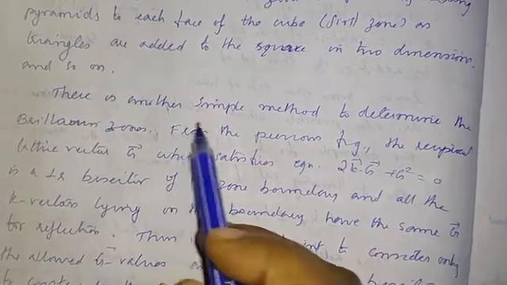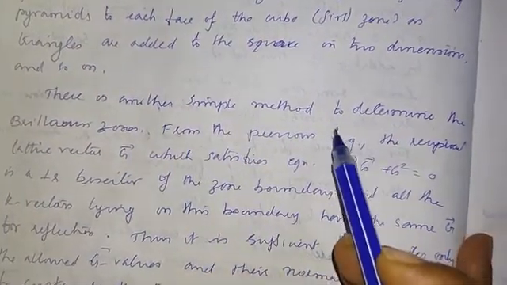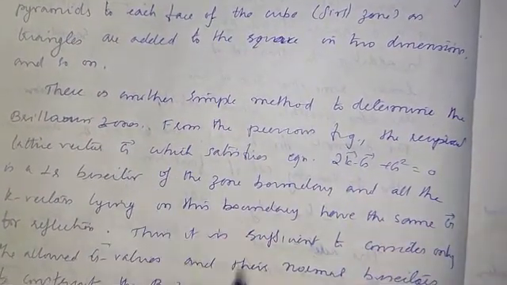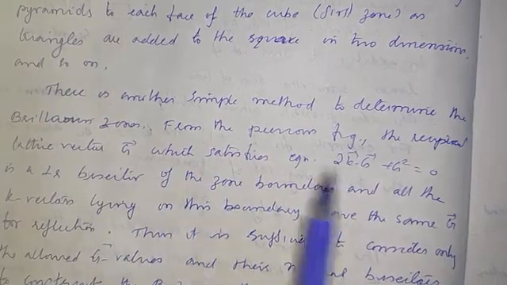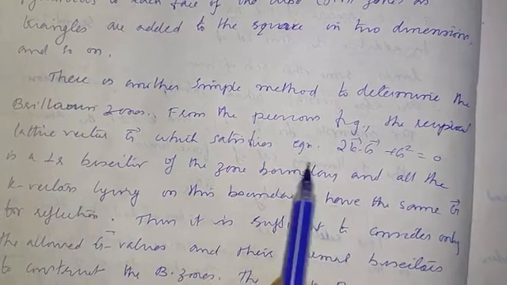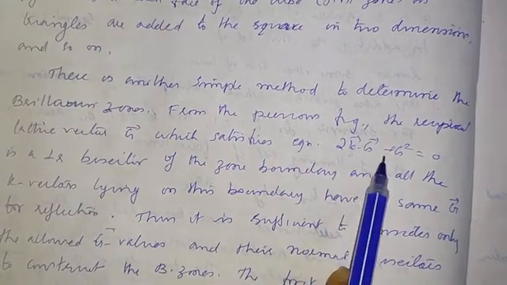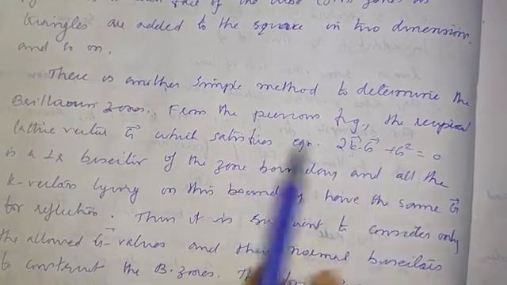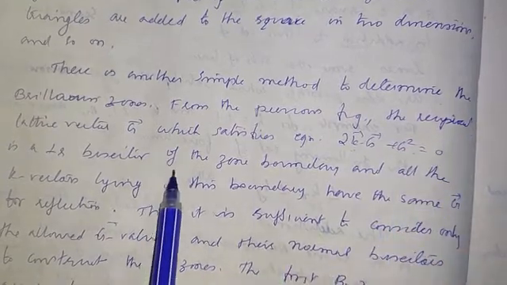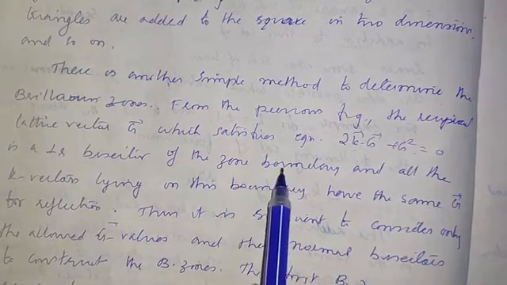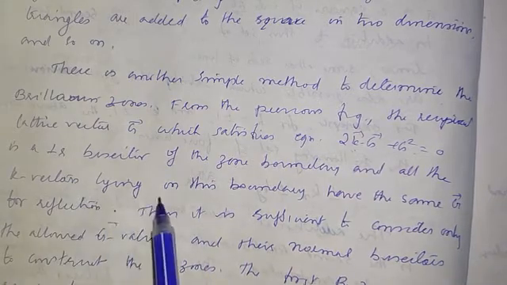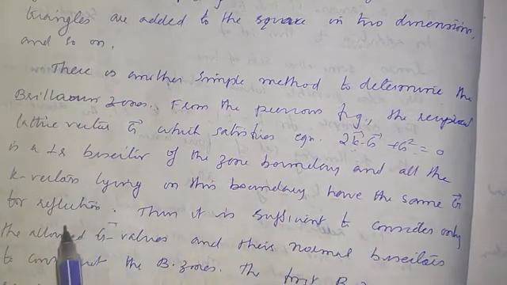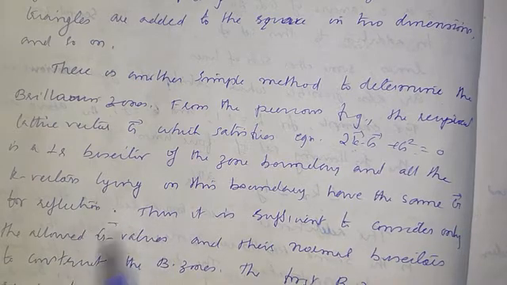So there is another simple method to determine the Brillouin zone. From the previous figure, the reciprocal lattice vector G, which satisfies the Bragg's condition, 2 k dot G plus G square is equal to 0, is a perpendicular bisector of the zone boundary, and all the k vectors lying on this boundary have the same G for reflection.